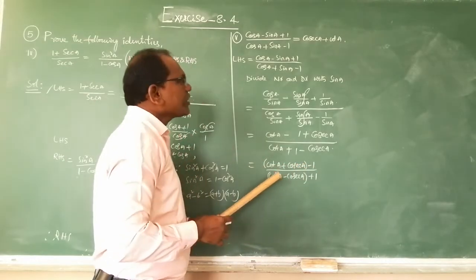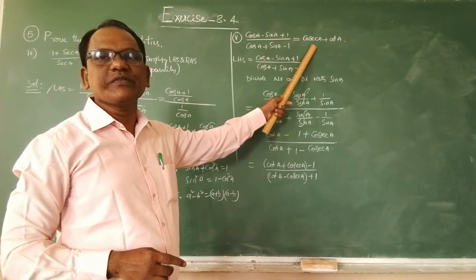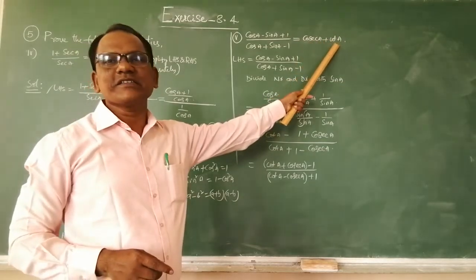So when you are writing the bracket, what is the answer required? Once verify here: cosecant A plus cot A is required.